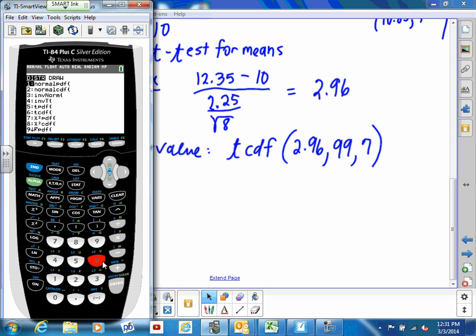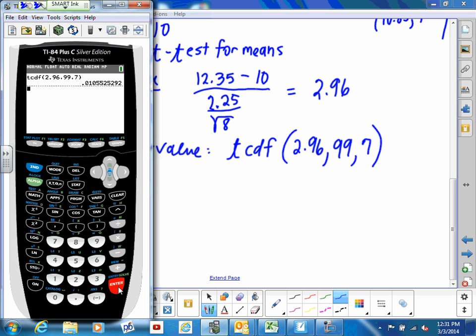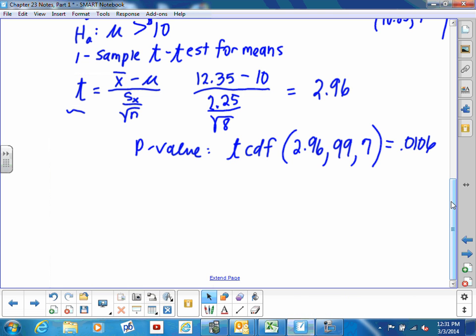Number 6 is TCDF, and I'm going from 2.96, comma, 99, and 7 degrees of freedom. And so it looks like that. Enter. So my p-value is 0.0106, I guess. 0.0106.